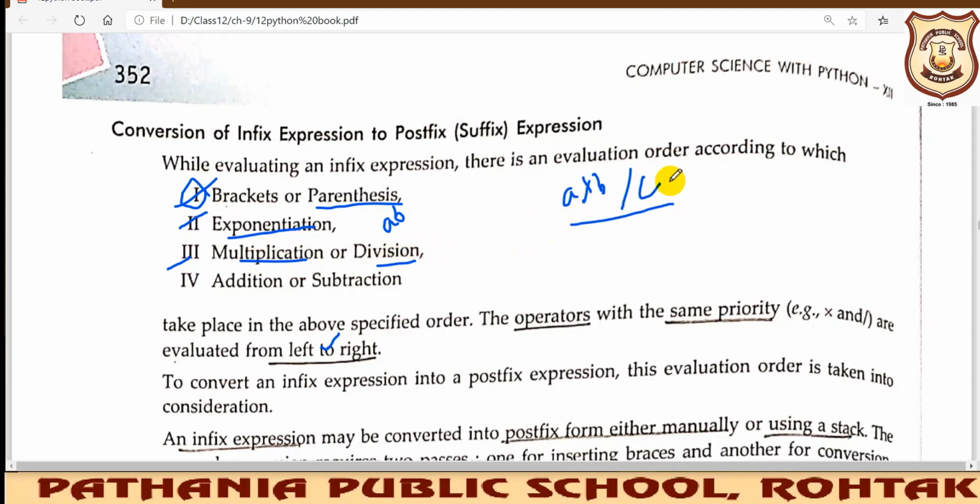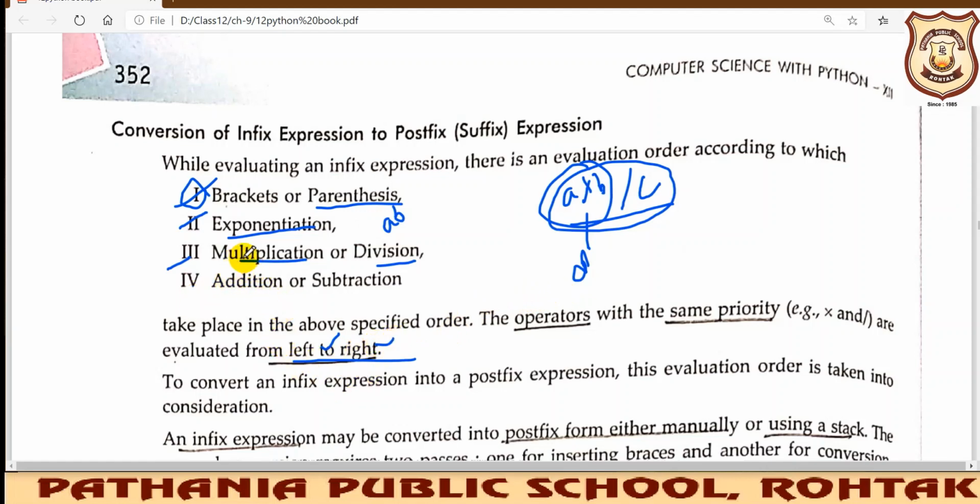So in that case, when there is a tie between such type of operators which have similar priority, then we will take the rule of left to right. So firstly we will solve a into b, and then whatever the result will be, like it is d, we will perform d divided by c. Okay, so we will take this rule into consideration.